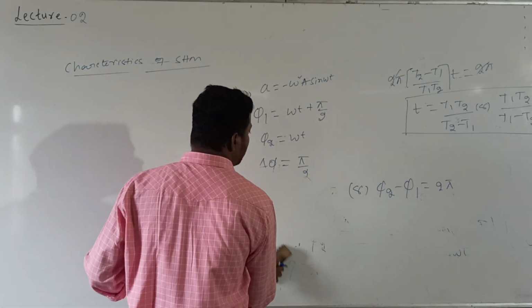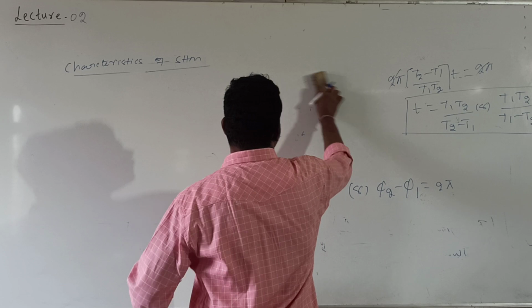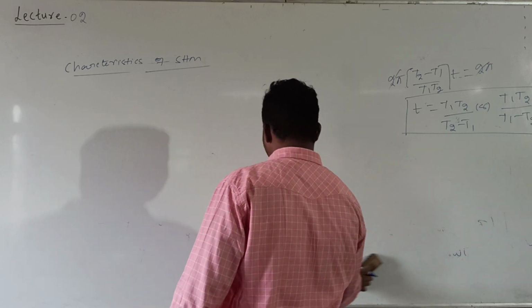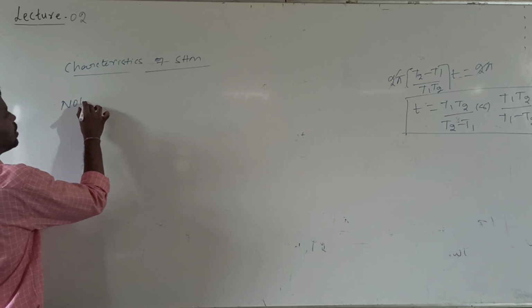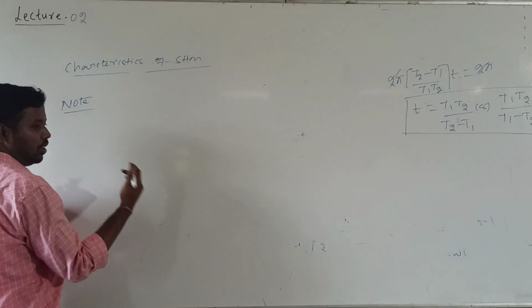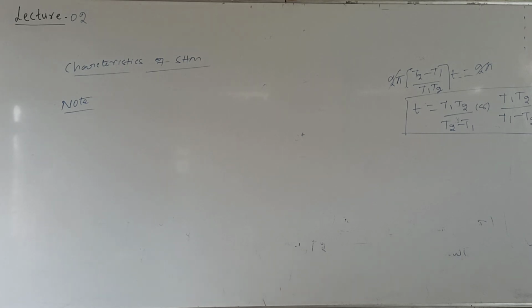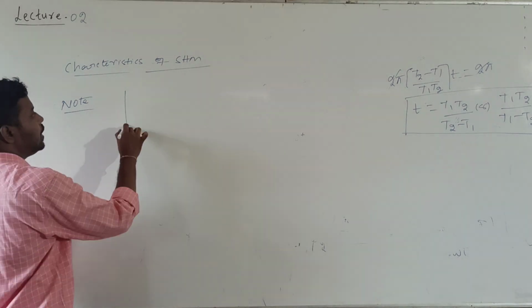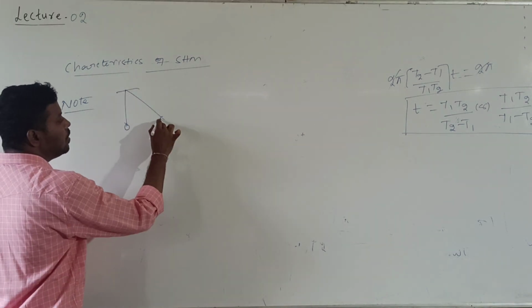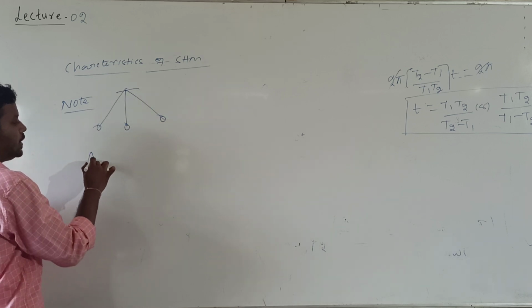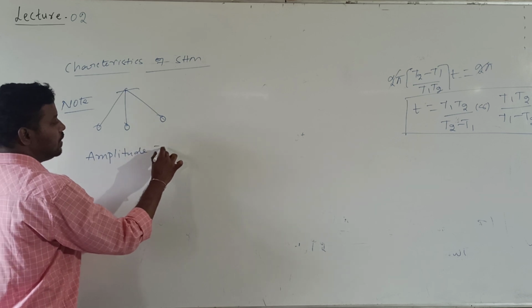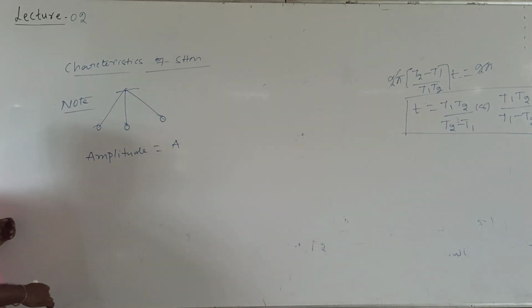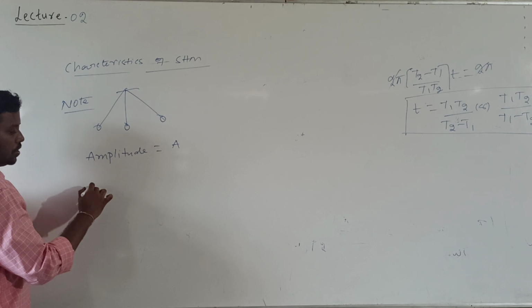So let me discuss one more important point. One important note: a particle executing SHM, or a bob of a pendulum executing SHM. Let me consider a simple pendulum executing SHM with an amplitude of oscillation equal to A. So let me consider two different positions.